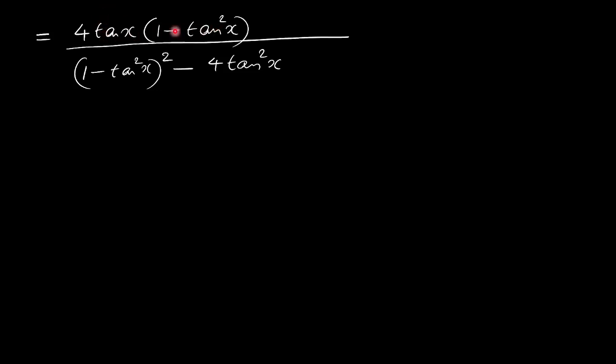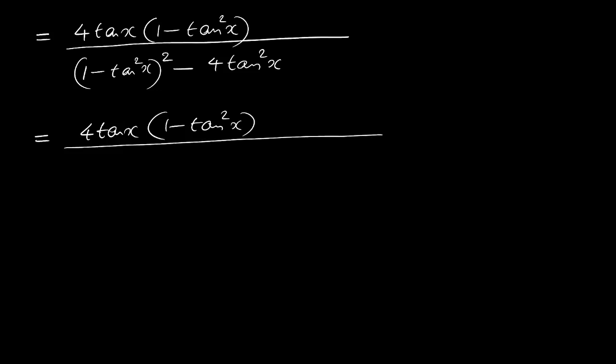The same term I got, but the denominator I want to simplify. 4 tan x into 1 minus tan square x, all divided by, can I expand this? This is a minus b all square. It is a square minus 2ab plus b square.